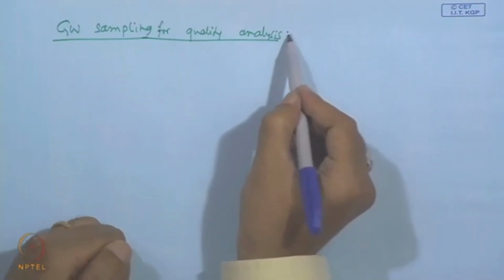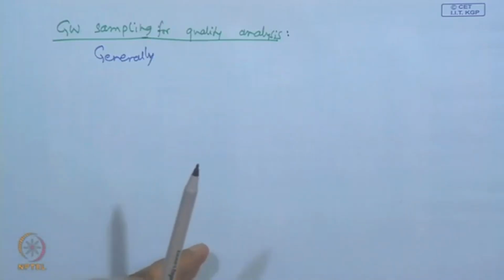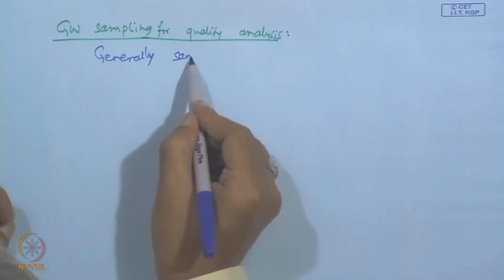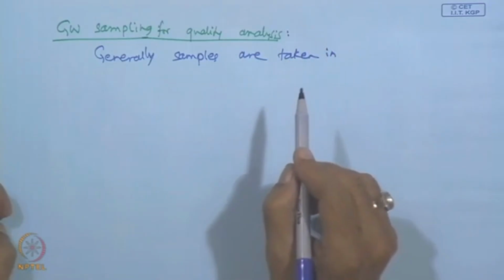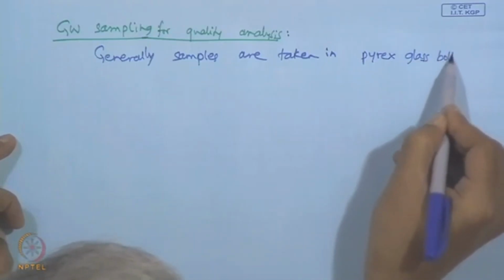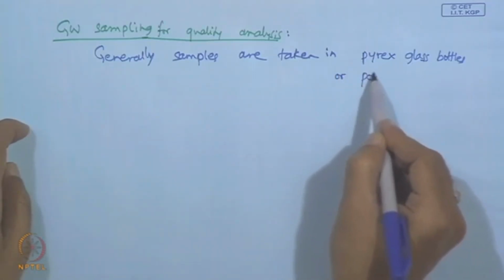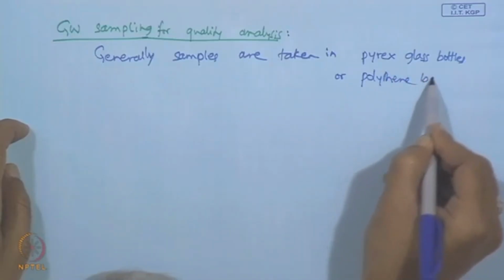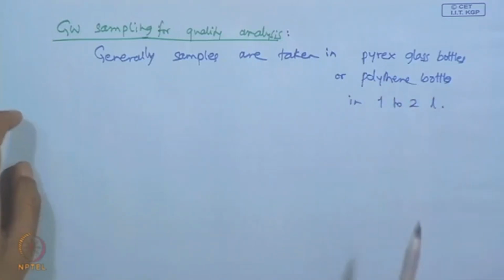Generally the samples are taken in Pyrex glass bottles or polythene bottles, in say 1 to 2 liters, that is sufficient for normal routine analysis.